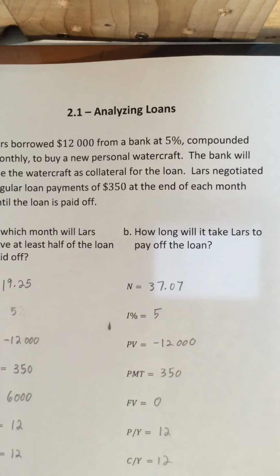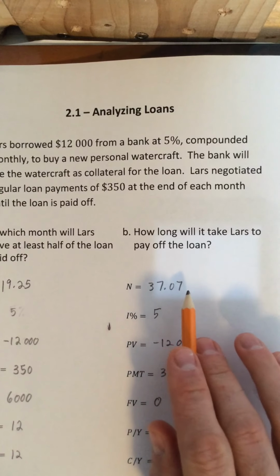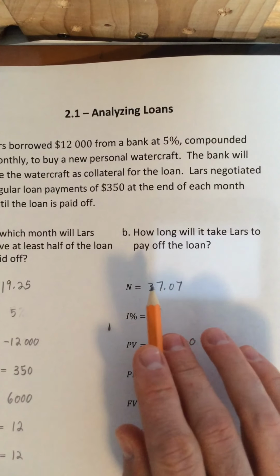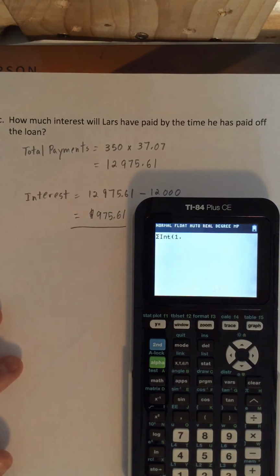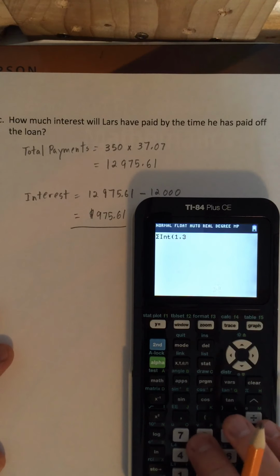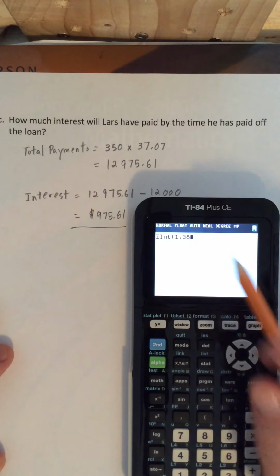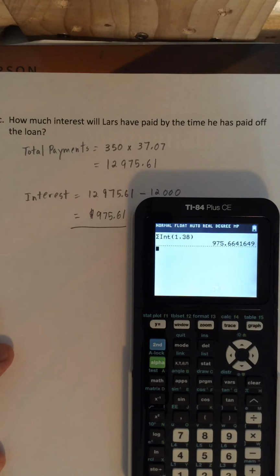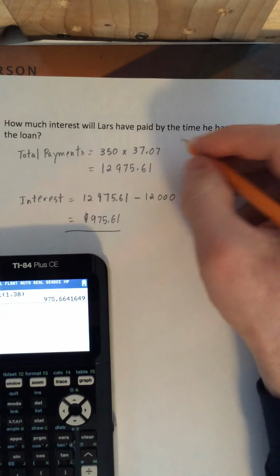Looking back at the first sheet, we figured out that it would take him 37.07 months to pay this off. If we round this up to 38 months, since it won't be paid off fully until the 38th month, and we type 38 here, we'd have the sum of the interest from month 1 to month 38, and hit enter, we get the amount of interest. So this is an alternative option.